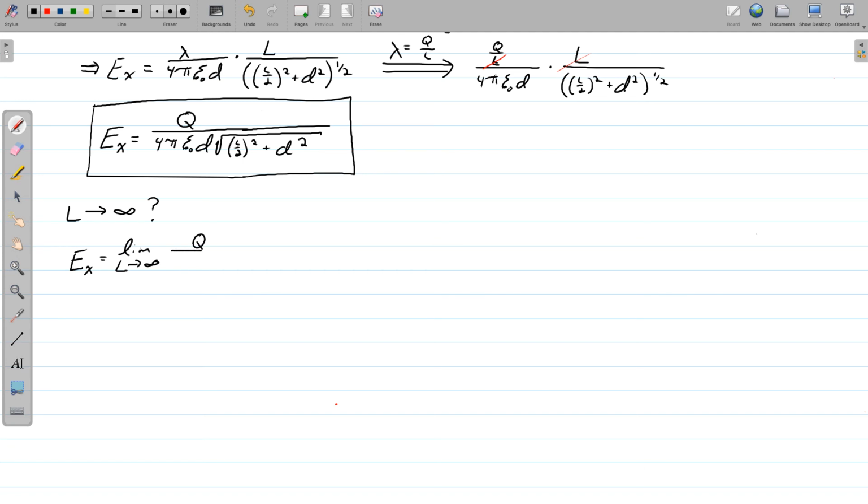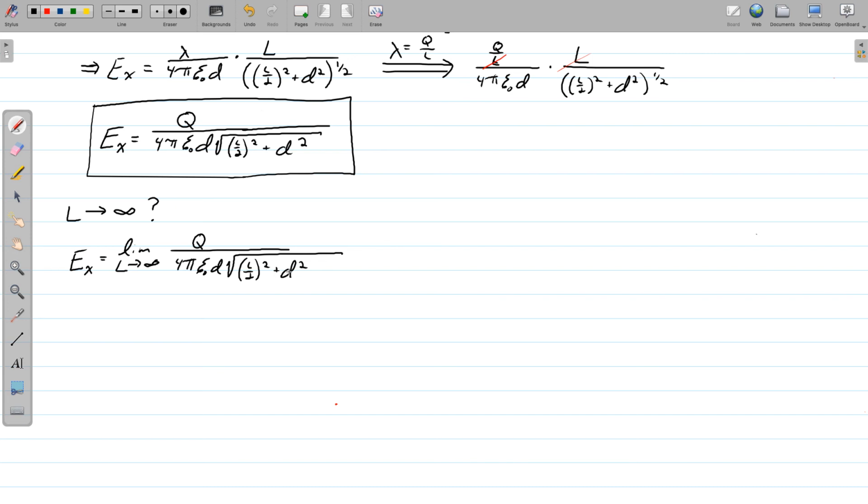So then we have Q on the top, and 4 pi epsilon naught d times the square root of (L over 2) squared plus d squared. This is what we just derived. But we just did a problem like this in class with that dipole: when something is way, way, way larger than something else and it's squared, you can disregard the other thing.